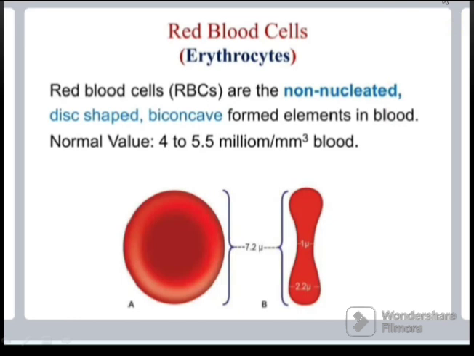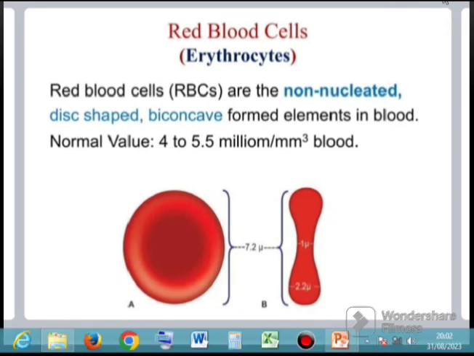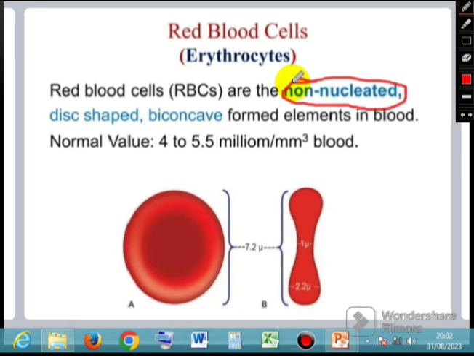The red blood cells are the non-nucleated formed elements of blood. Take note of non-nucleated. It simply means that a mature red blood cell lacks a nucleus.